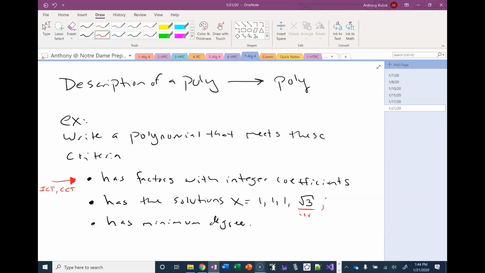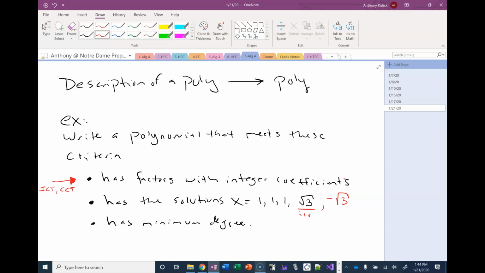What is the conjugate for the square root of 3? It's negative square root 3. So conjugates always have the opposite sign in front of, in the case of an irrational conjugate, the irrational part.